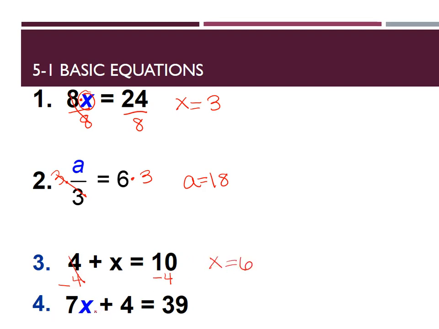Right here, this is actually a two-step equation. And to decide what I get rid of first, you're going to use PEMDAS backwards. If you remember, order of operations is PEMDAS, so please excuse my dear Aunt Sally.